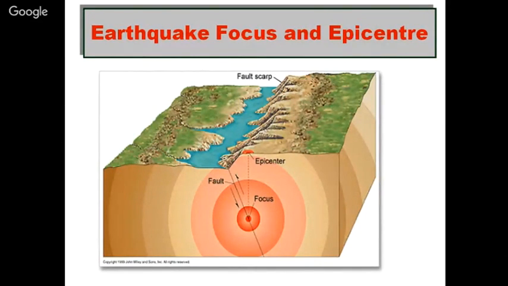Earthquake focus and epicenter, which I've also explained earlier: the point where the earthquake has actually occurred, where the energy is being released, is called the focus, and it travels following a path and comes up to the earth surface, and the point where it comes up to the earth surface is called the epicenter. It comes up on a fault which is already lying on the earth surface.